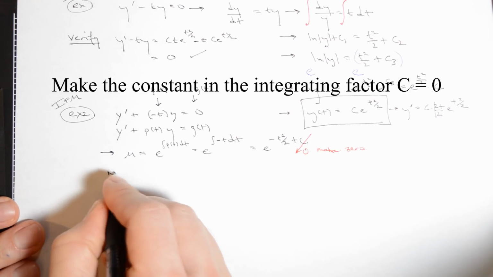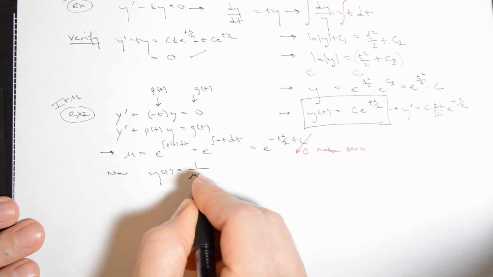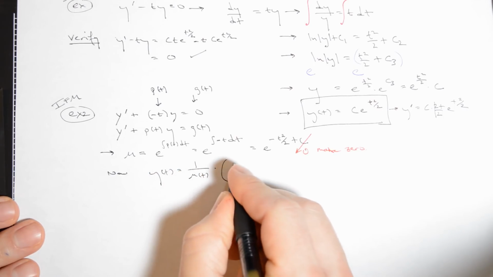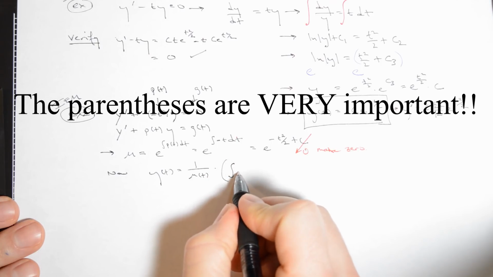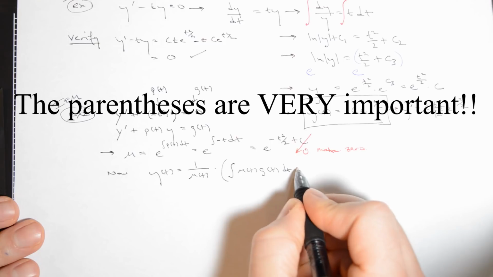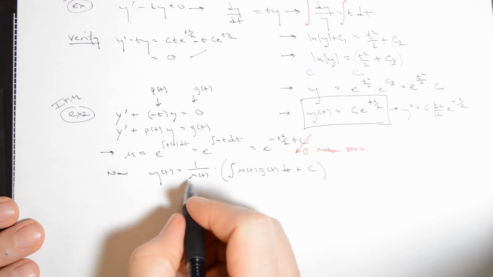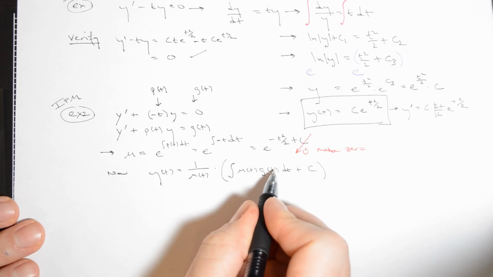Now we find that y of t equals 1 over mu of t times, open parentheses, the integral of mu of t, g of t, dt, plus a constant. This c is just a constant. Then we want to substitute in our mu and our g.